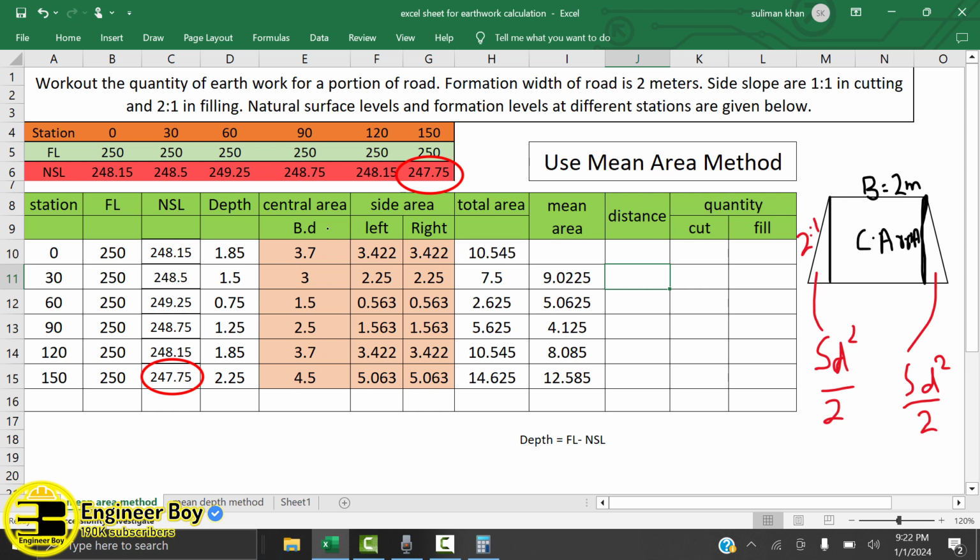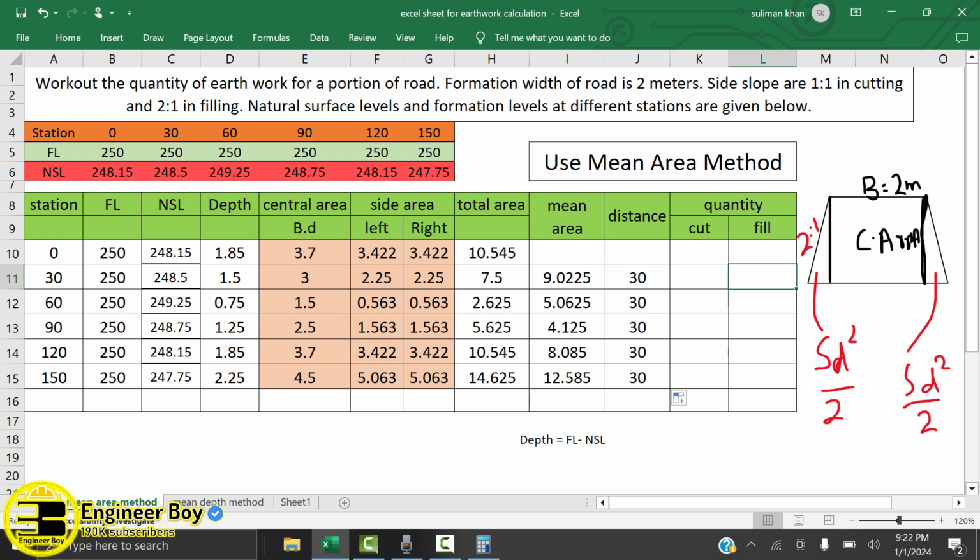Now the distance, as you can see, we have 0, 30, 60. It means the interval is just 30 meters. For each station, the distance between two stations is just 30. Now as you can see, we're going to have filling. The quantity of the earthwork can be in the form of filling, and that's because the embankment's formation level is just above the NSL.